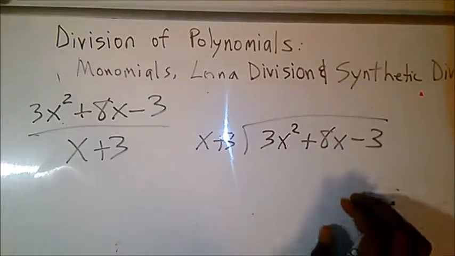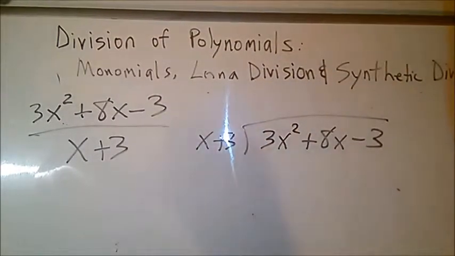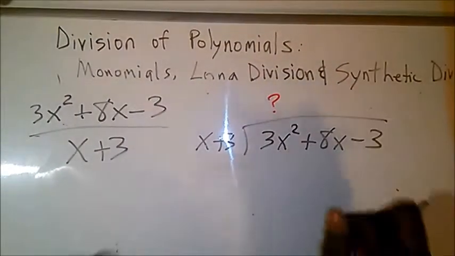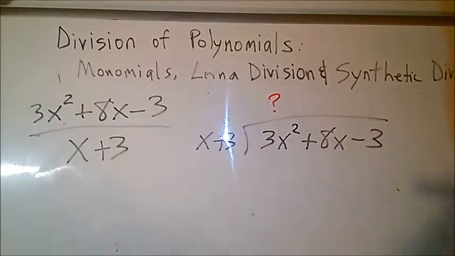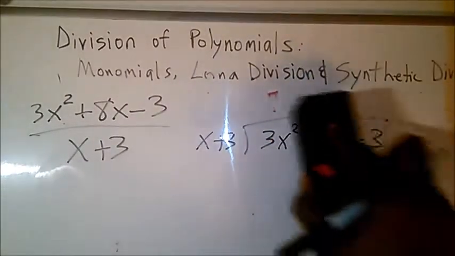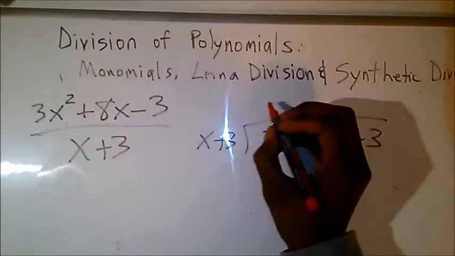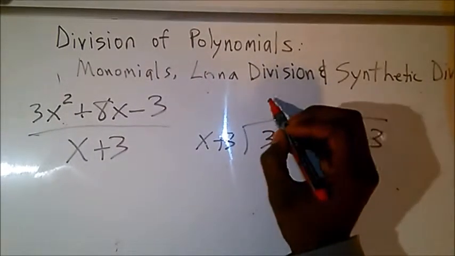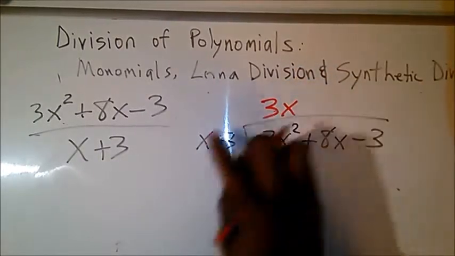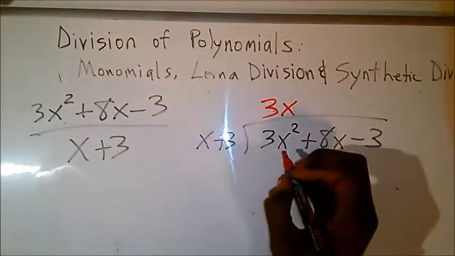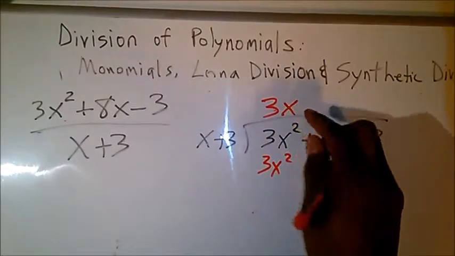Put it in this form. Now we ask ourselves the question, what times x equals 3x squared? It will be 3x. 3x times x is equal to 3x squared.